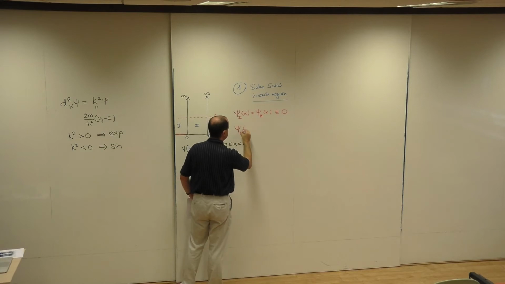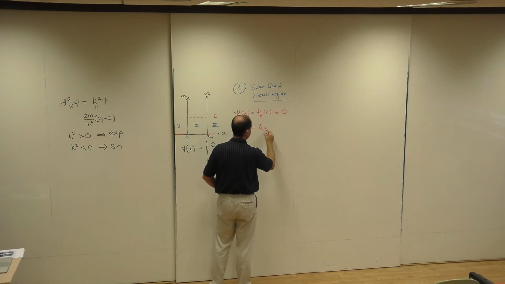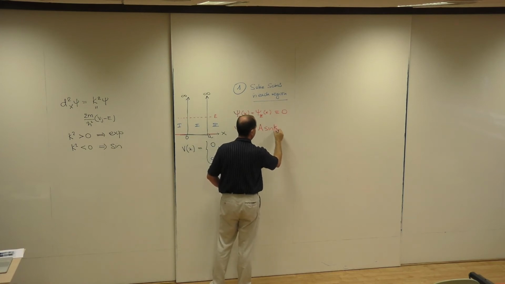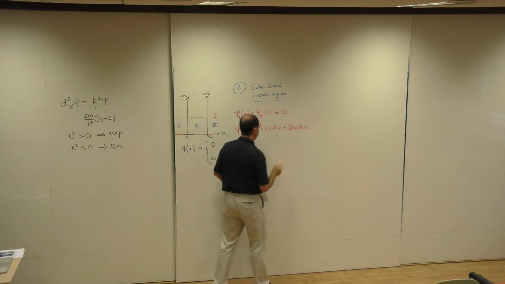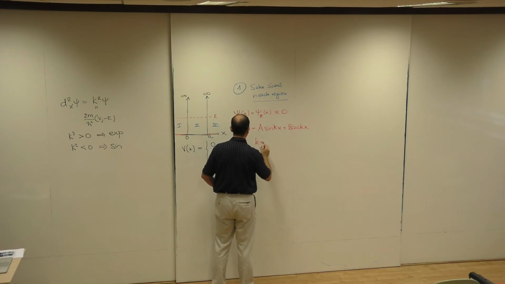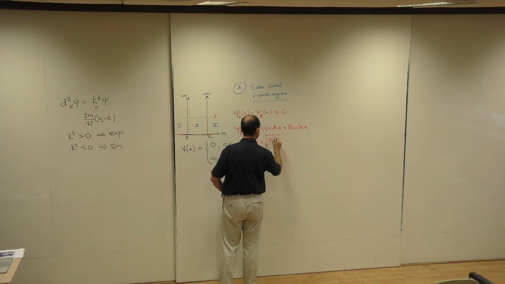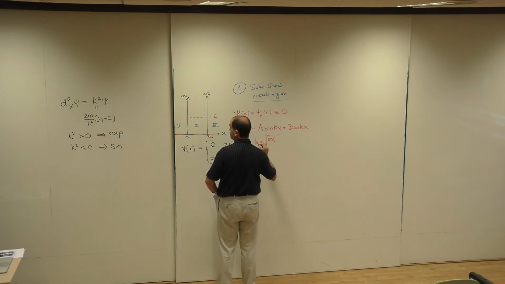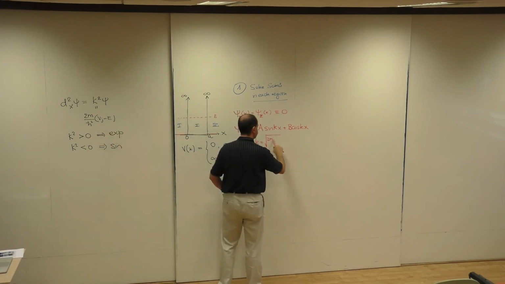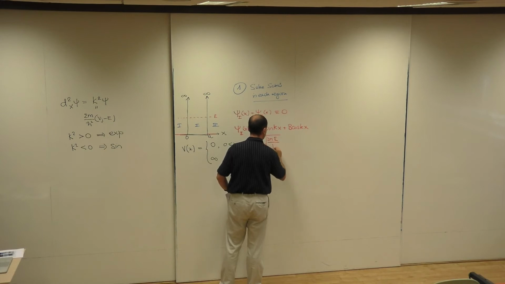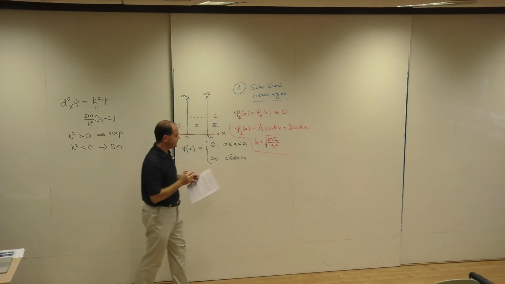Psi 2 of x, for convenience I will write it like this: A sin of kx plus B cos of kx, where k will be equal to the square root of 2m, so V is 0 and I have to take the absolute value, so it's just E over h bar squared. Okay, that's the first step.